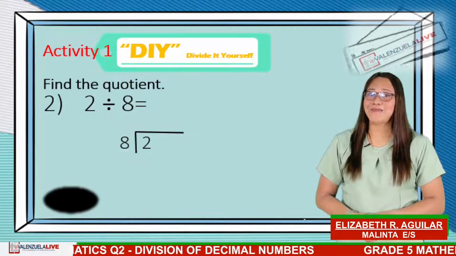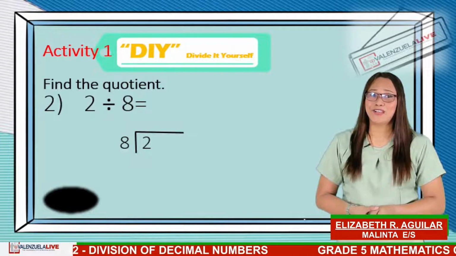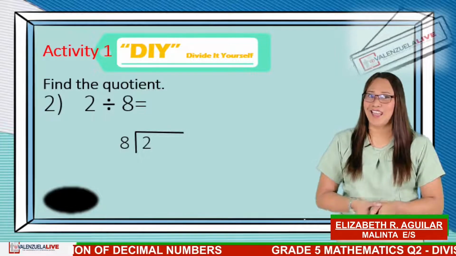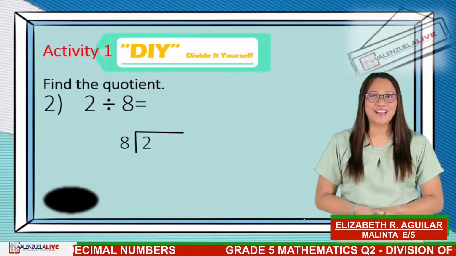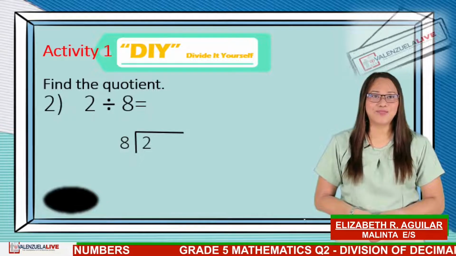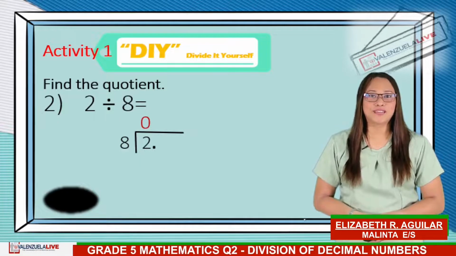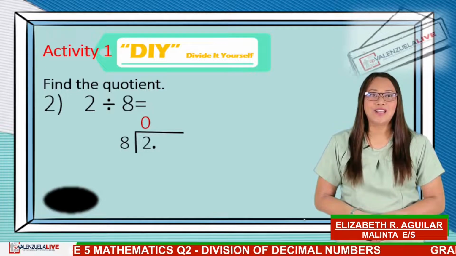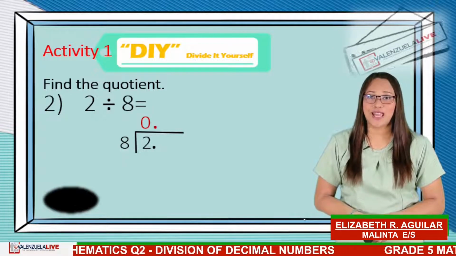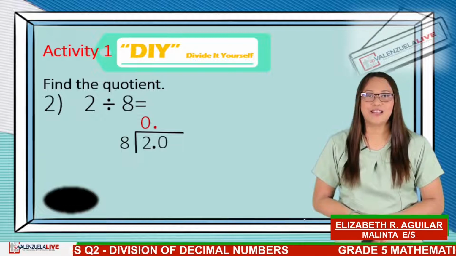All right, time's up. So 2 divided by 8 is equal to? Okay, let's see if your answer is correct. So again, since we cannot divide 2 by 8, we need to put 0 in the quotient. Then we need to put the decimal point in the dividend. So with the quotient, do not forget that. Then we can now write 0.